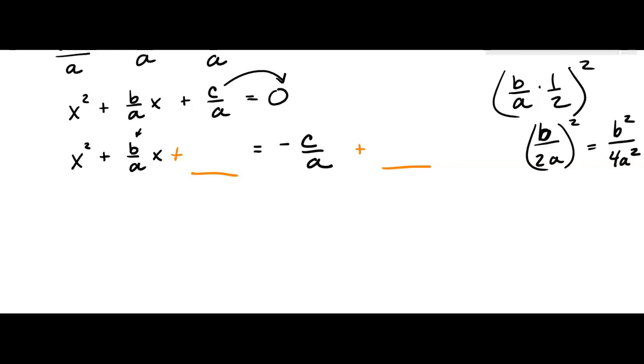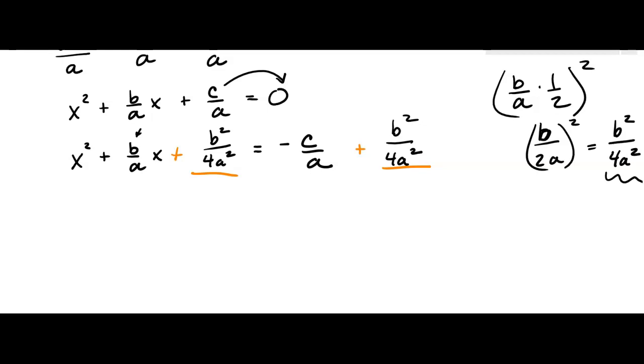Okay, that's what we want to add to both sides. This right here. Okay, here it comes. B squared over 4a squared. And we're adding that to both sides. Okay. Whew, that was tricky. All right, but that's important.